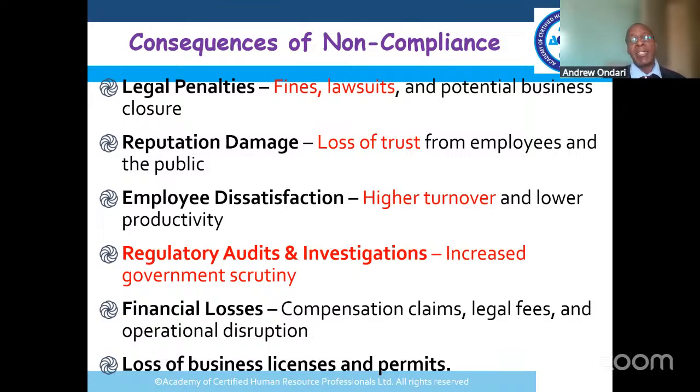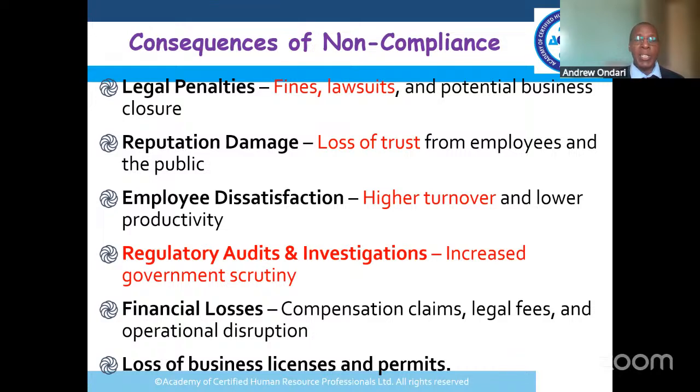He has been fined about 32 million shillings for non-compliance. So when we conduct our business as HR managers, we should know that there are consequences. That if there is anything unbecoming in your organization, the Ministry of Labor may start conducting audits and investigations to find out what is happening.